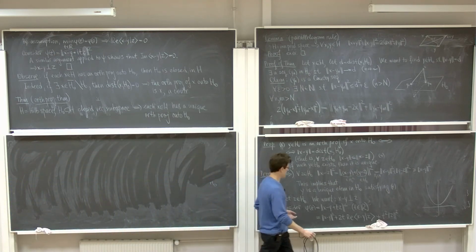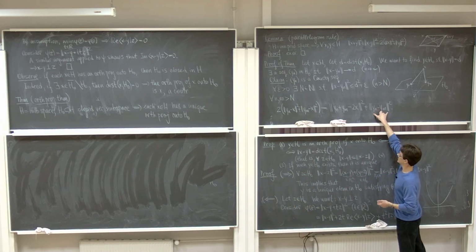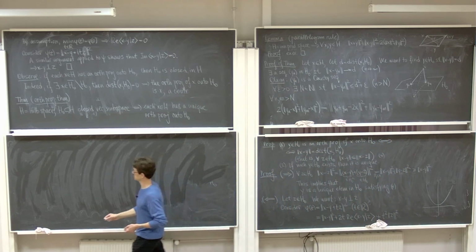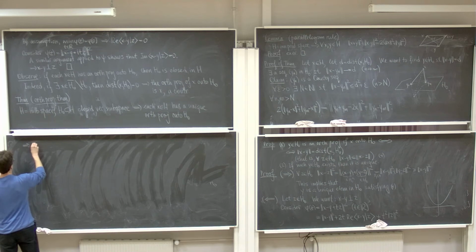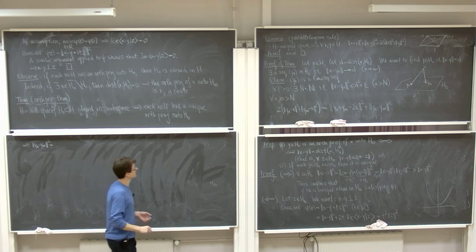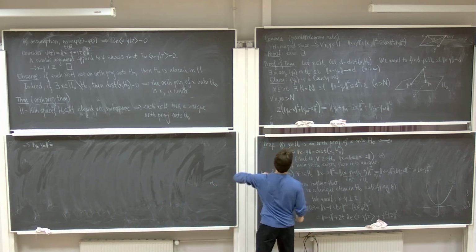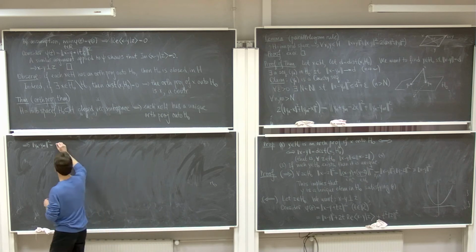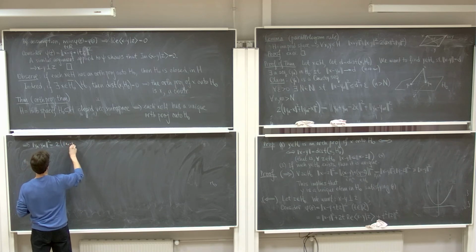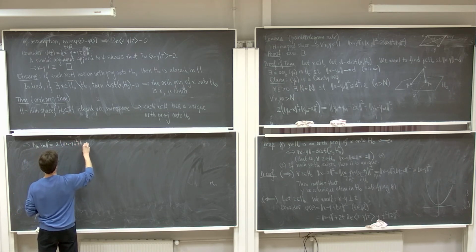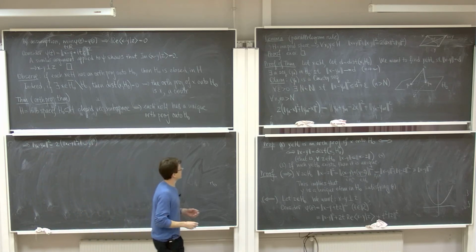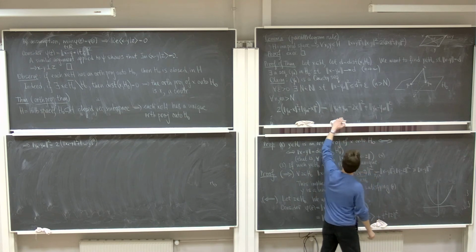So now to prove that yn is a Cauchy sequence, we express this number in terms of this equality. So we conclude that yn minus ym squared can be written as follows. We have 2 times xn minus y squared plus xm minus y squared, minus this.